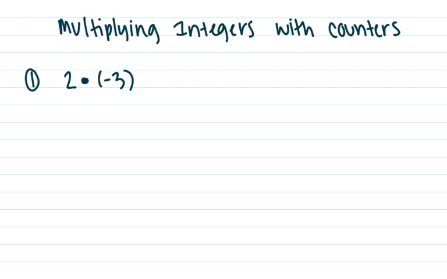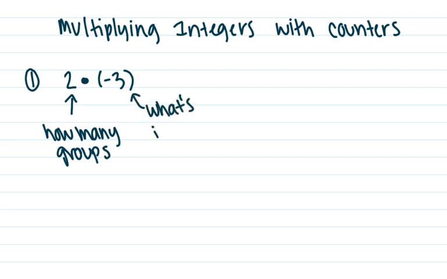So what this means here is I have 2 times negative 3. This 2 is how many groups I have. I have 2 groups, and this is what's in my group. So I have 2 groups of negative 3.